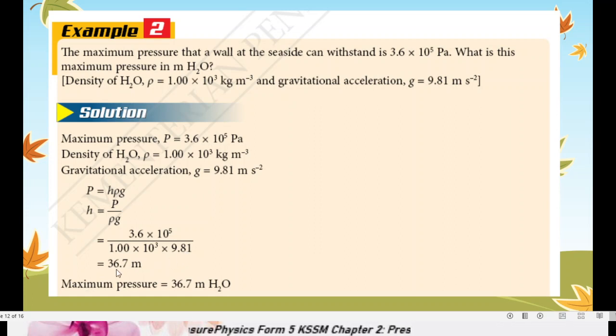Thus we get 36.7 meter. Because this height refers to water, the pressure can be stated in the unit of meter of water as 36.7 meter of water. So this is another unit that can be used to show the values of pressure, or to write atmospheric pressure.